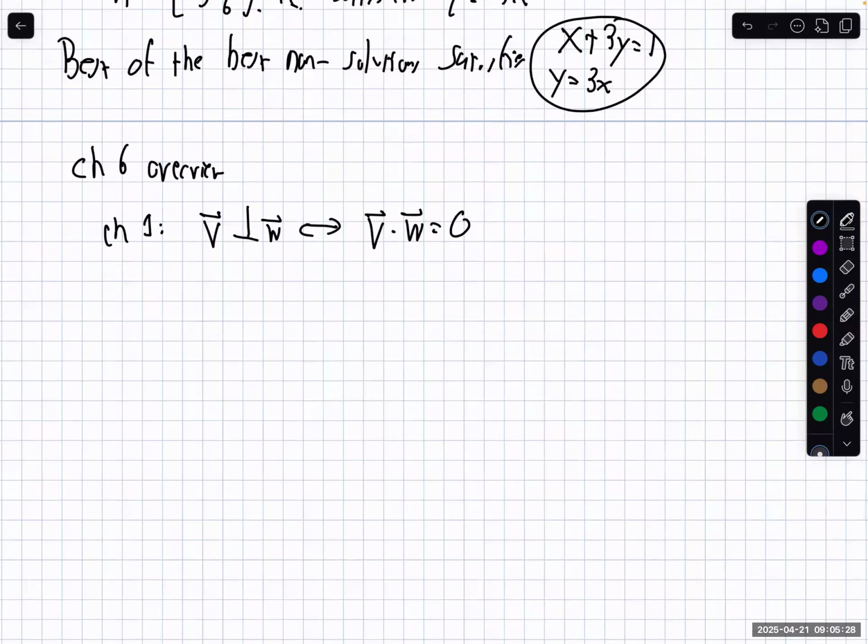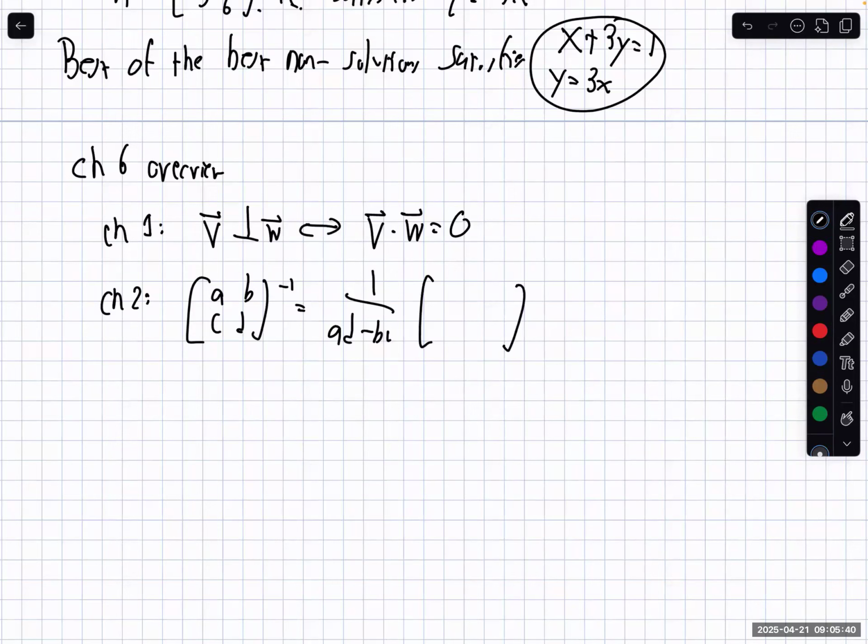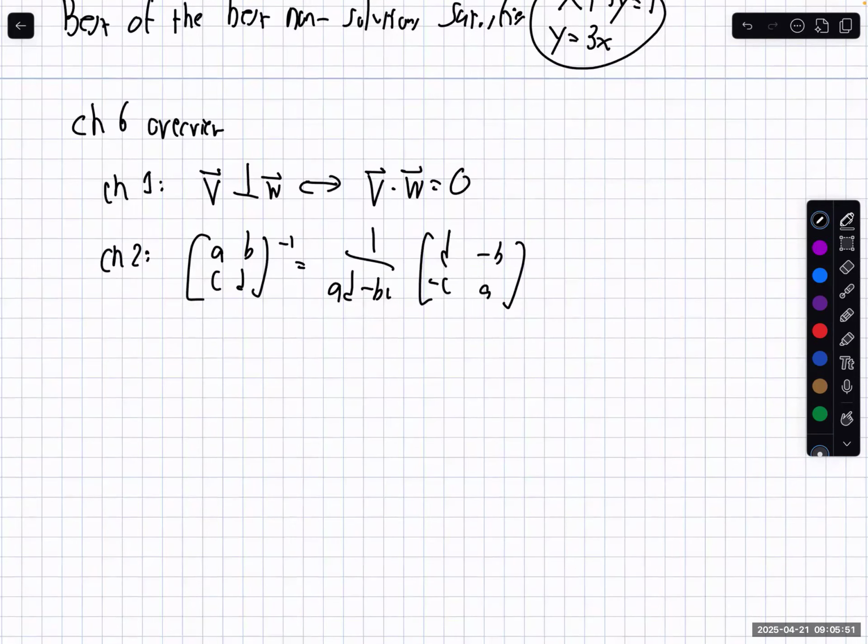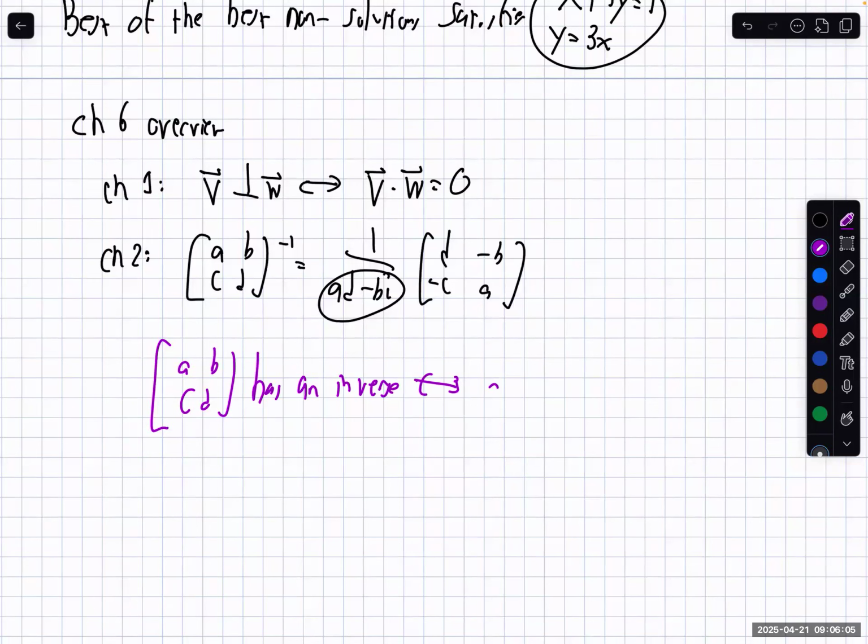And then also in chapter 2, we said the shortcut rule for finding the inverse of a 2x2 matrix is like this. And sometimes this turned out to be 0.